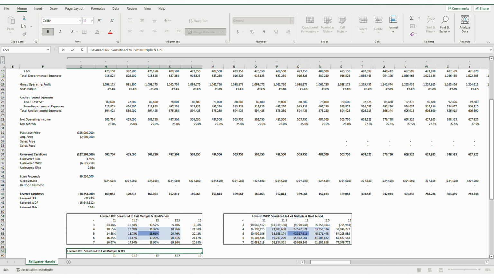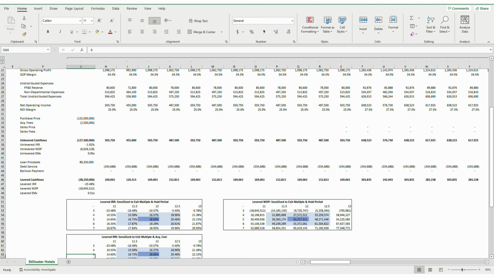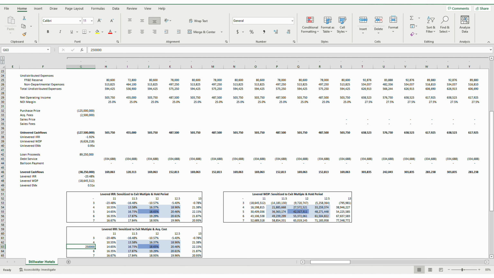In any case, back to our regularly scheduled programming, I'm going to copy the previous data tables and change the columns to be price per key for our second set of sensitivity analysis.